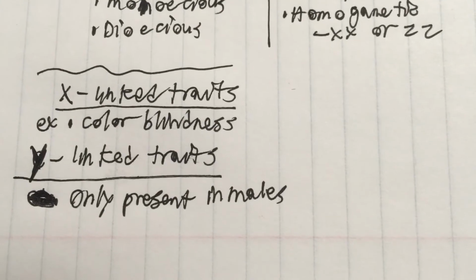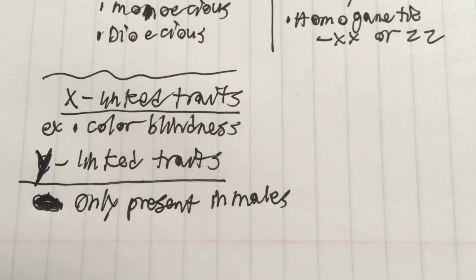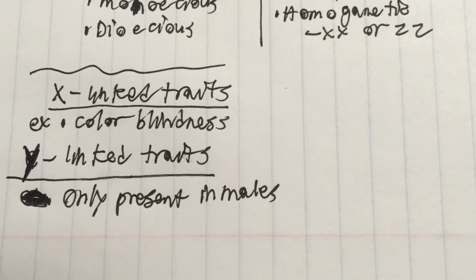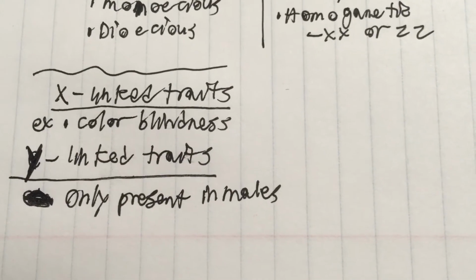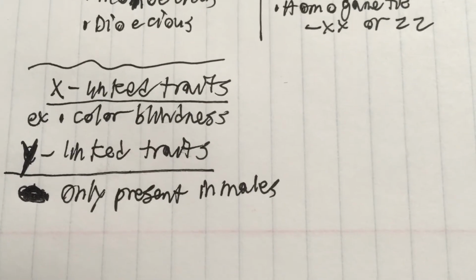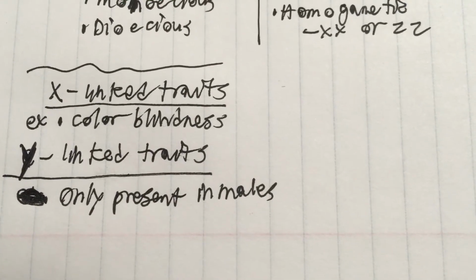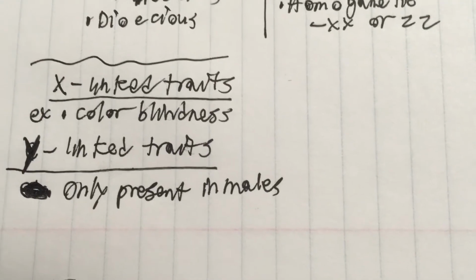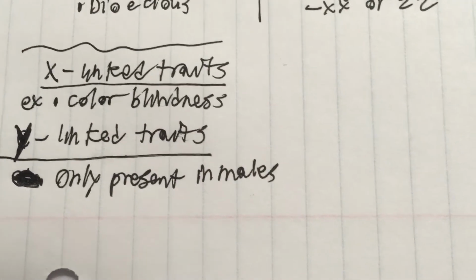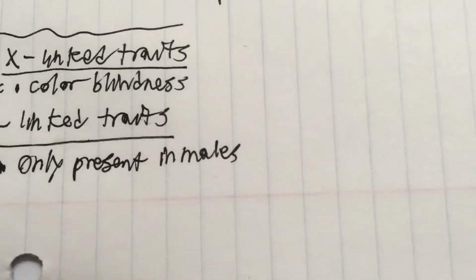A very common X-linked trait is colorblindness in humans, which usually presents itself as a recessive red-green blindness, and it's most common in males. And that makes sense. You'll see why later when we study recessive traits and all that.